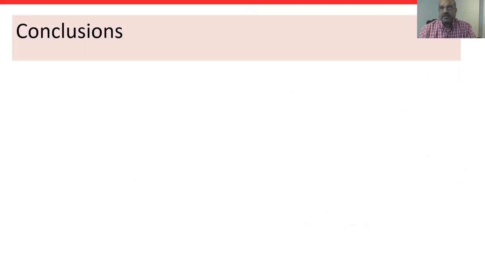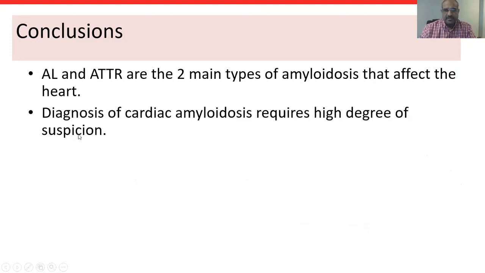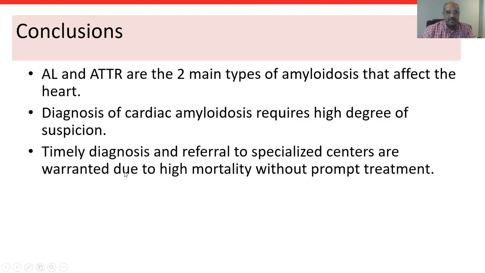So, in summary, AL and ATTR, amyloid light chain and amyloid transthyretin, are the 2 main types of amyloidosis that affect the heart. Diagnosis of cardiac amyloidosis requires a high degree of suspicion. Timely diagnosis and referral to specialized centers are warranted due to high mortality without proper treatment.